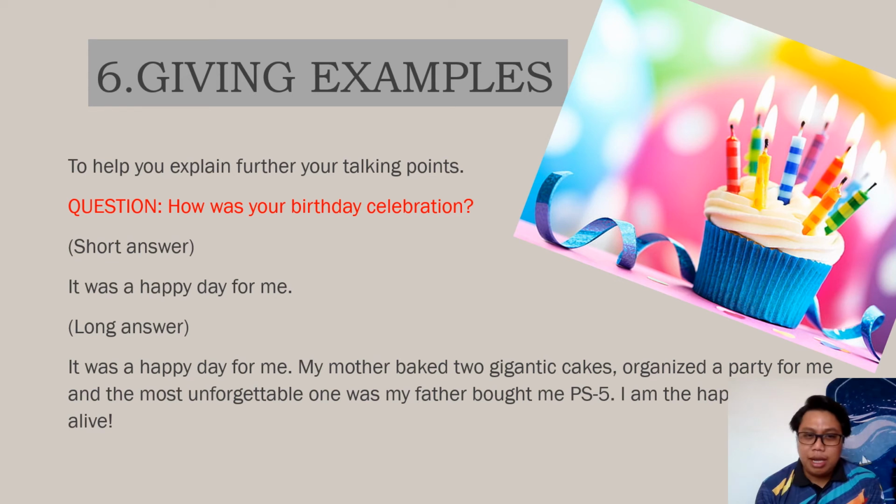For example, it was a happy day for me. My mother baked 2 gigantic cakes, organized a party for me, and the most unforgettable one was my father bought me a PS5. I am the happiest boy alive.